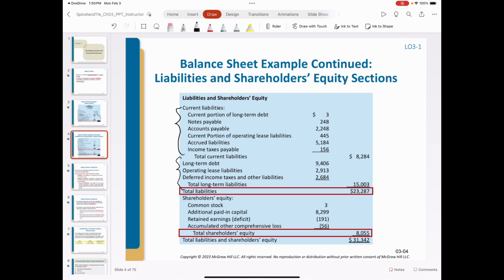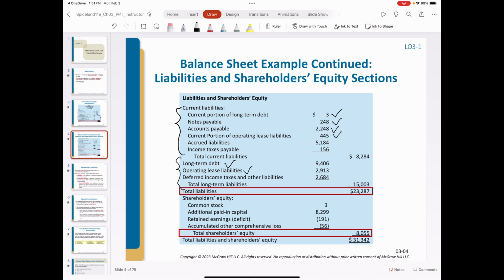The current liabilities include these six typical accounts. Current portion of long-term debt represents long-term liability from the prior year that becomes current, so we reclassify it. Then notes payable, accounts payable, current portion of operating lease liabilities, accrued liabilities, and income tax payables.